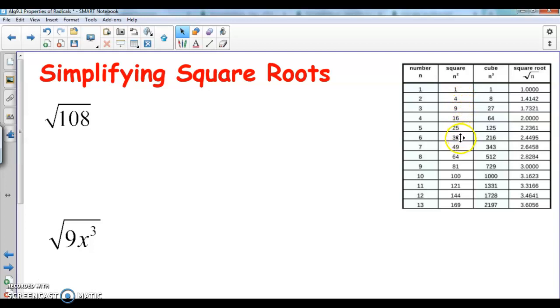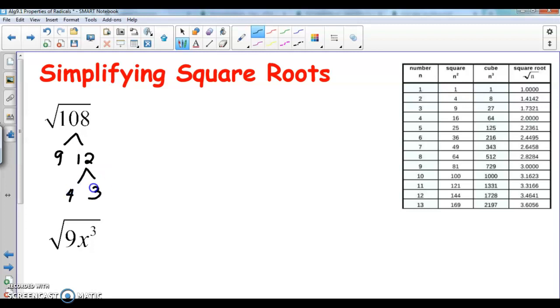Now, let's look at two possible ways. Suppose I use the 9 as a divisor. So if I factor 108 using 9, this will become 9 times 12, right? Then we can break down 12 further into 4 times 3.